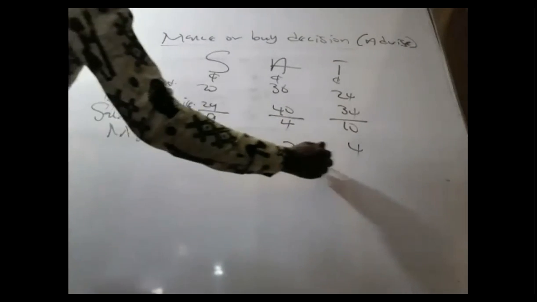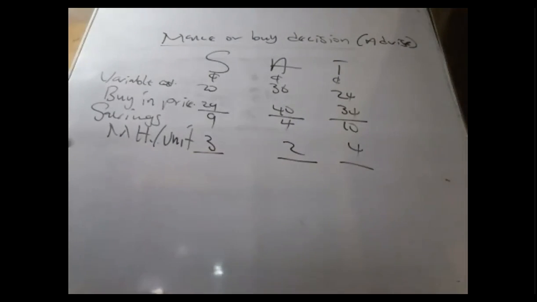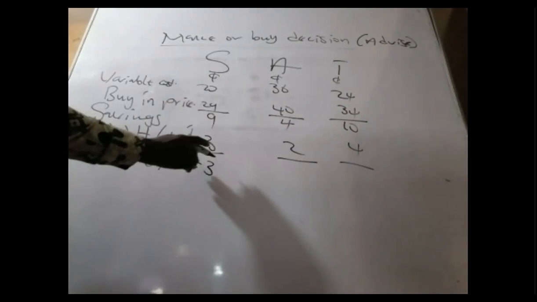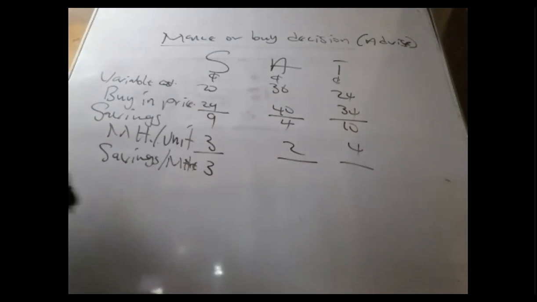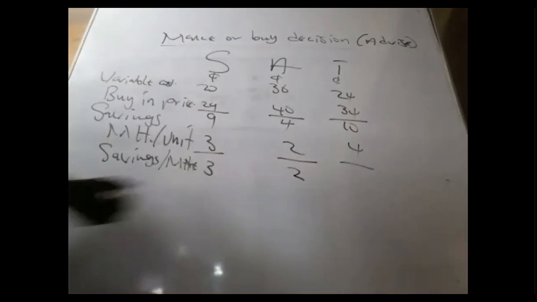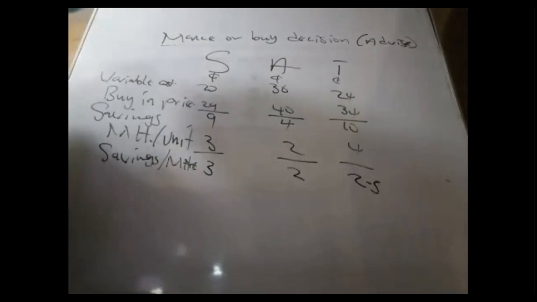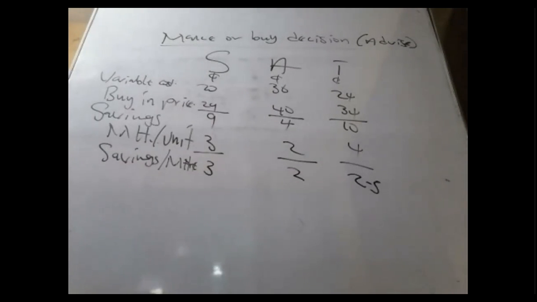So what is the savings per machine hour? That will be 3 cedis, 2 cedis, and 2.5 cedis per machine hour.